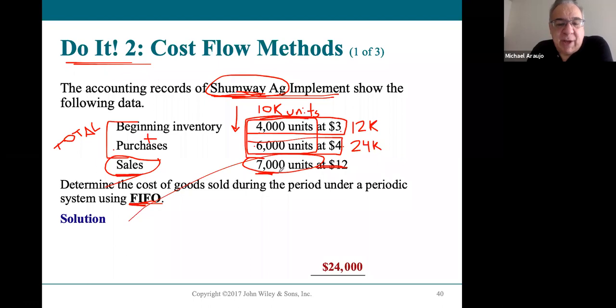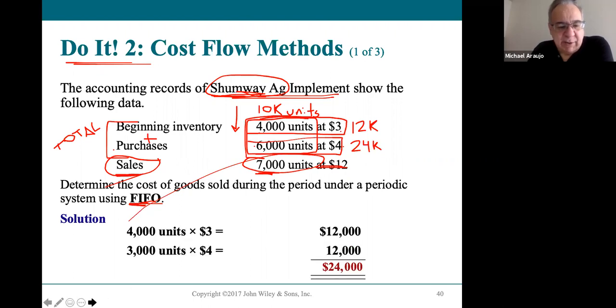If they sold 7,000 units, all of these 4,000 units have been sold. It's part of that 7,000. And half of these units, 3,000, are part of that 7,000. Or as your book likes to figure it out, 4,000 units at $3 plus 3,000 units at $4.